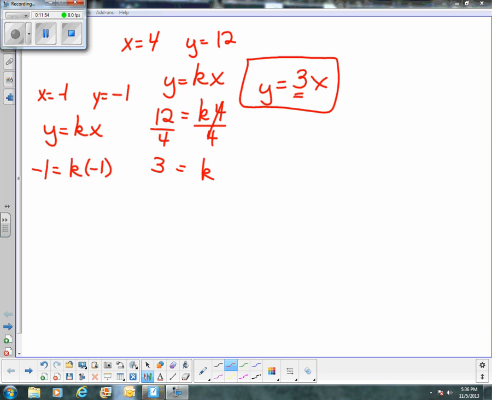And we are going to get k by itself, divide by -1. And k equals 1. So we take our equation and we're just going to put the value in where the k is. So y equals 1x, or just simply y equals x.